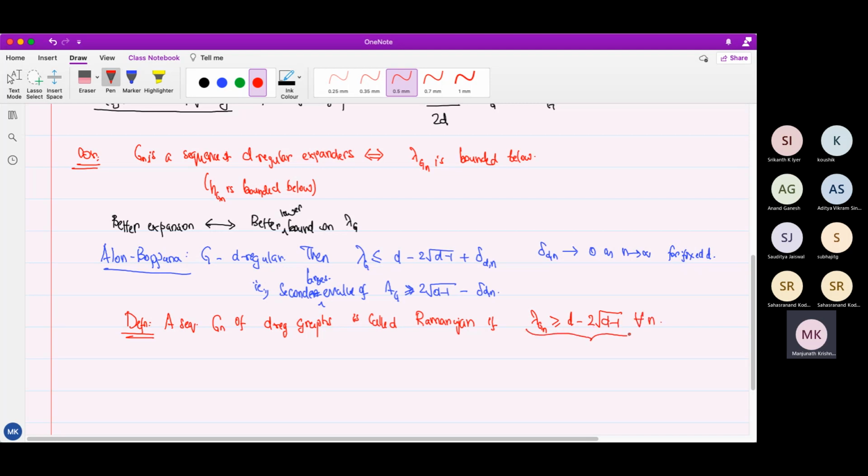That means you cannot go much bigger than that, meaning the error, you can't say d minus 2 square root d minus 1 plus epsilon. This thing will go to 0. But you want this. So these are the best possible expanders in that sense.